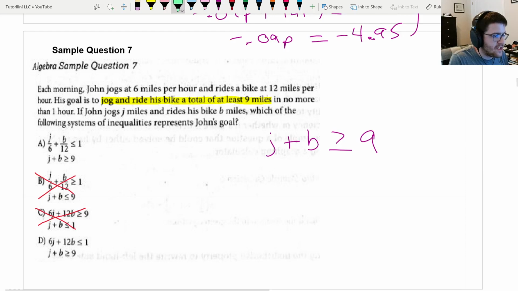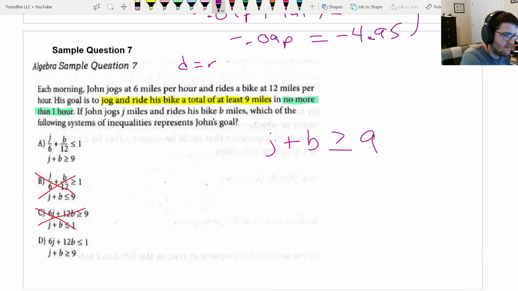Okay, so now it says in no more than 1 hour. So it's probably important that we understand distance equals rate times time. If we get time by itself, we divide both sides by r, so t is equal to d divided by r.